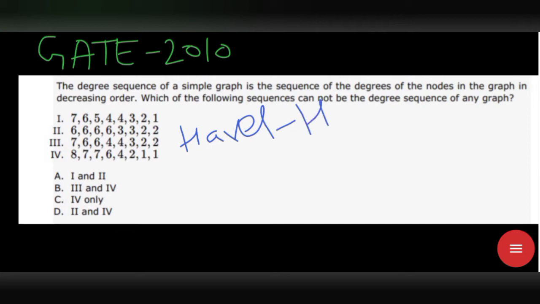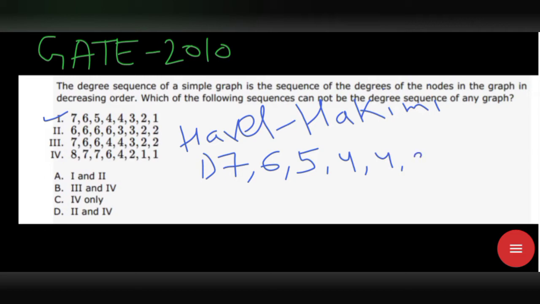So we are going to use that in this question, and what it says is that firstly we will be checking the first one. I will take the degree sequence 7, 6, 5, 4, 4, 3, 2 and 1.